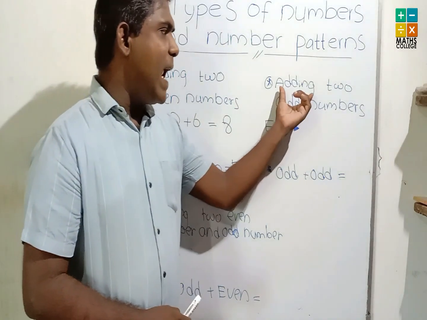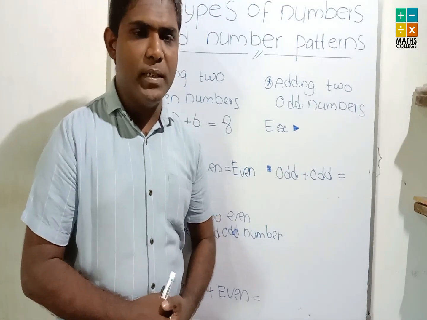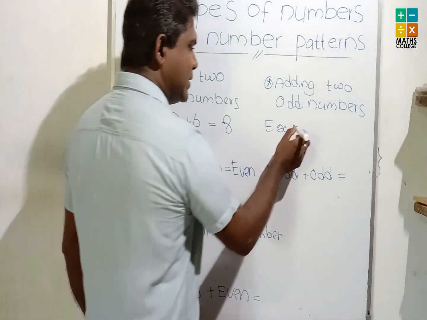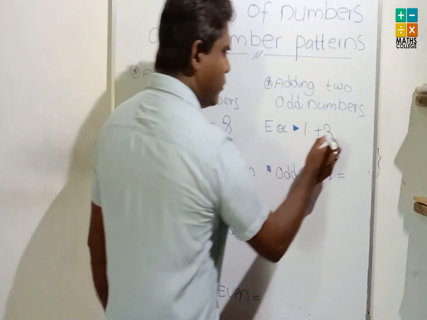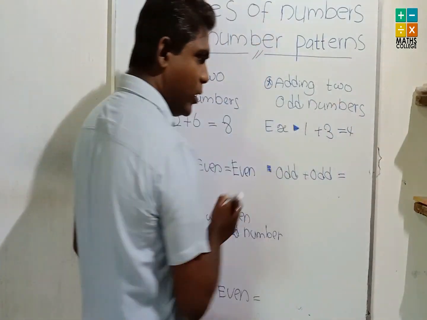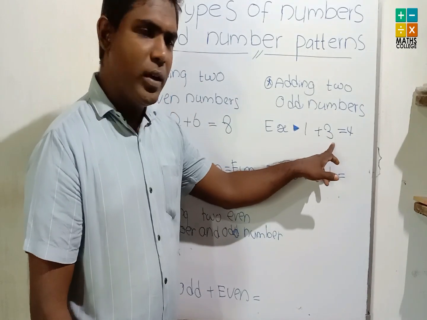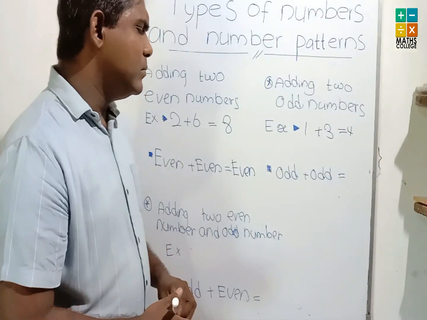Then next, adding two odd numbers. What is the first odd number? 1. Second odd number? 3. What is the answer? 4. What happened? Odd number addition to odd number, the answer is an even number.